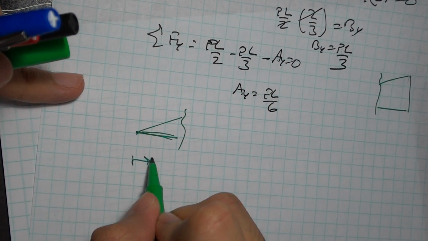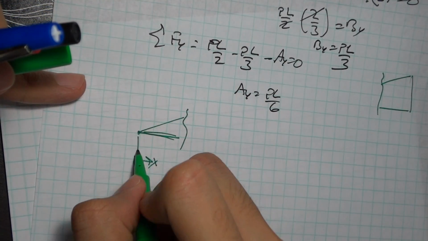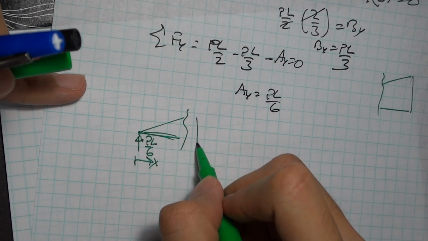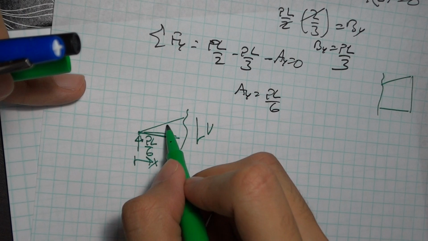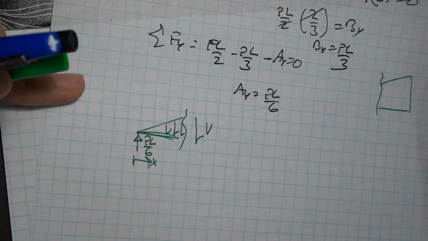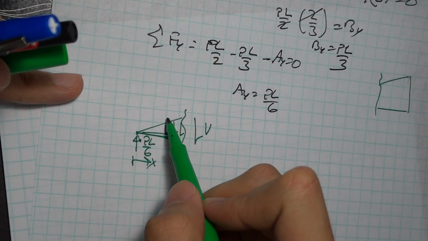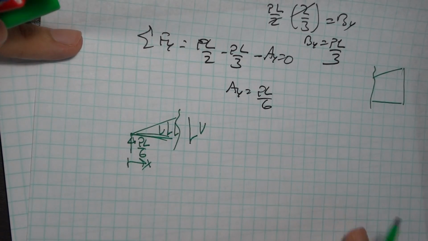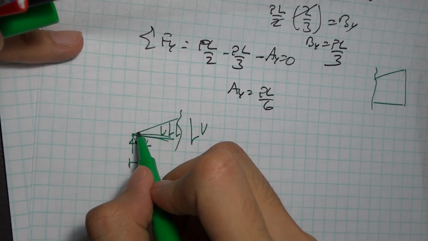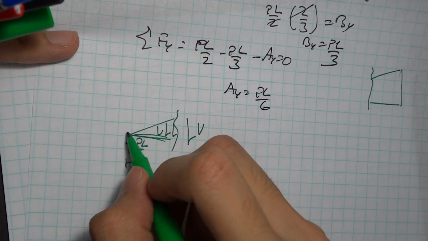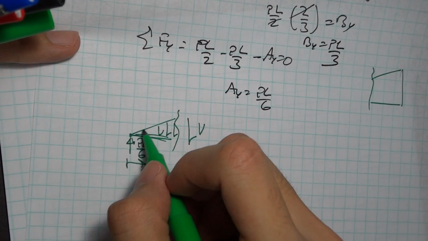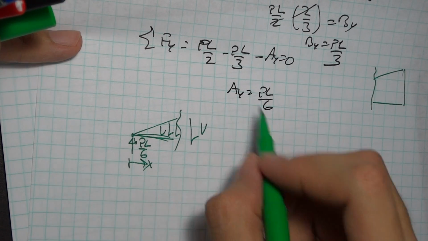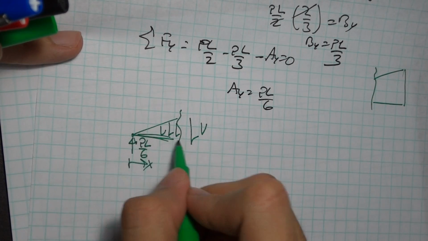I say that this is x. I have this as my load, and I have some force V. Well, what is the height of this triangle? We don't know right away, so we have to calculate it. Do you agree that this is a line? If this is a line, I can express the height of this triangle as a function of x.